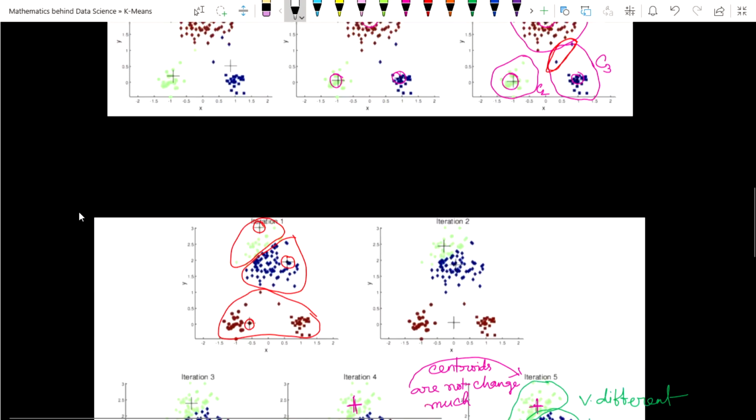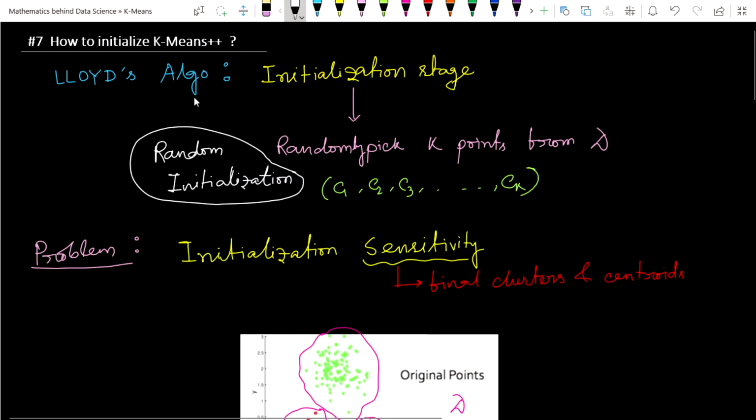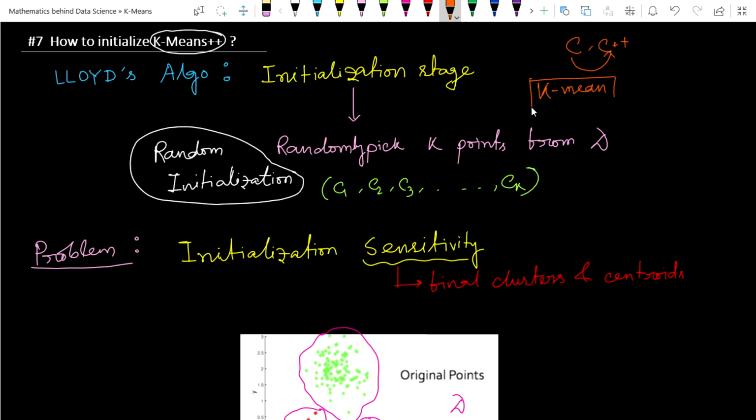But this trick is called k-means++, because we developed it from the k-means algorithm. If you remember, C++ means we made some development from C to C++, and here also we made some development from k-means to k-means++.